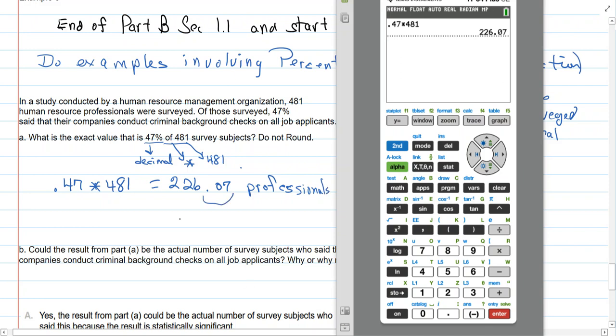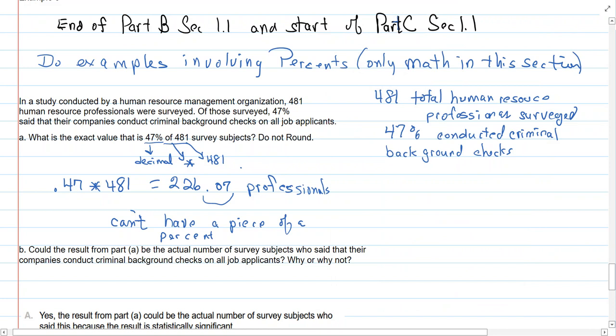Well, you can't have a piece of a person. That's what happens with percents, because sometimes we round to the whole number. So we understand the exact answer implies rounding.